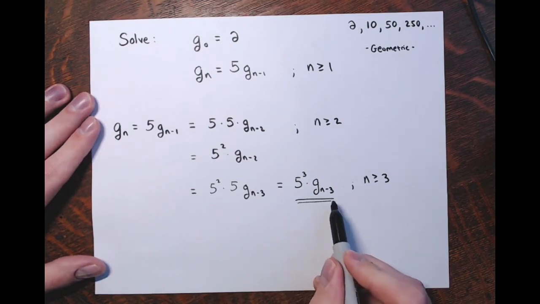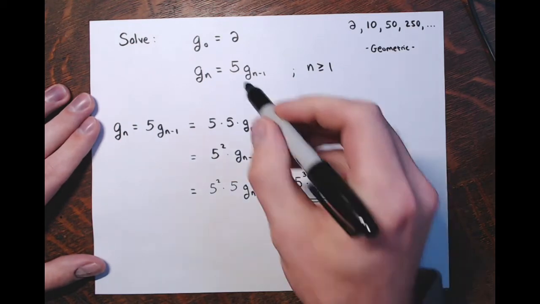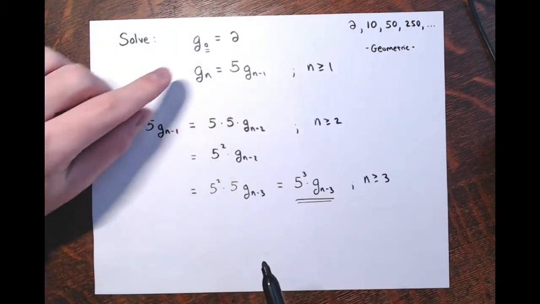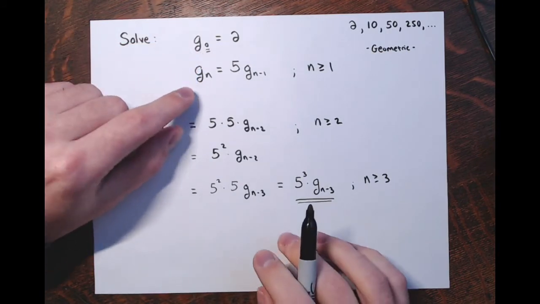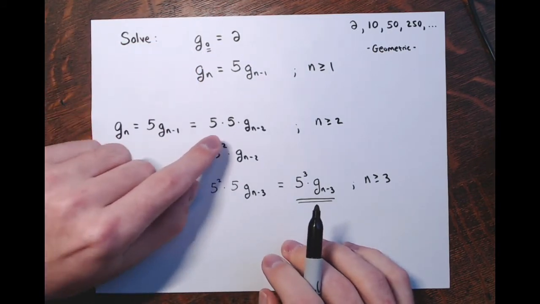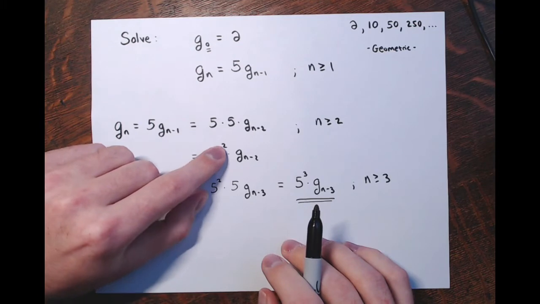Now, what I'm trying to do here is eventually get this subscript down to what we know. We know G sub 0. So notice after one application of the rule, I'm down to n minus 2, and then there's 5 squared.